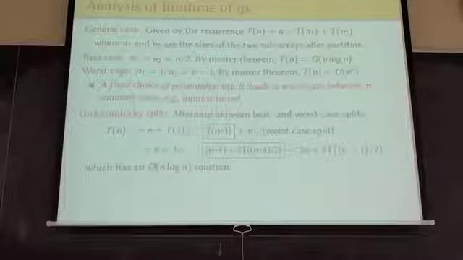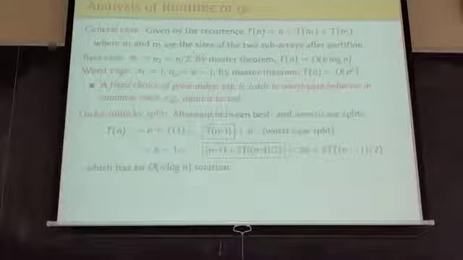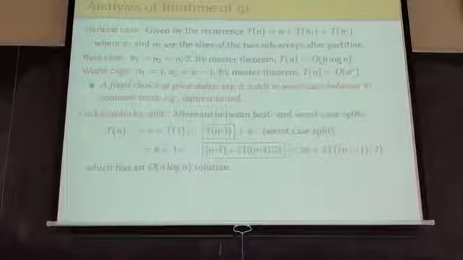So, for instance, even when you have 10%, 90% splits, it's fine, right? So the problem really comes when you have a constant number on one side and everything else on the other partition. Right? When that happens, you have a problem.